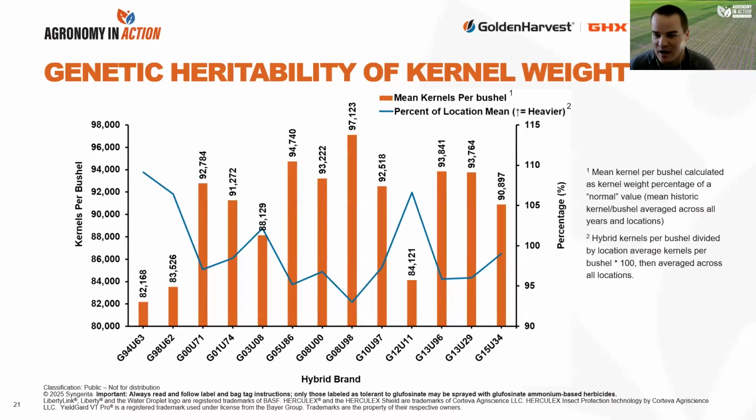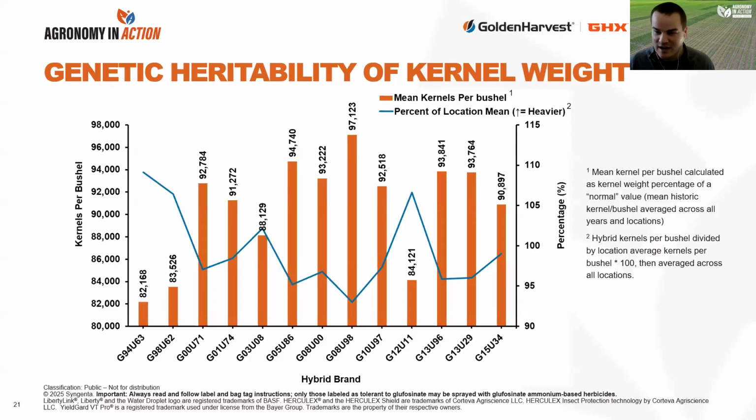The average would be 100%. If you're above 100%, you're typically throwing heavier kernels. If you're below 100%, you're typically throwing lighter kernels. So if I were doing a yield estimate in my field in August, I would think about the year we're having during the grain fill period. Has it been a good season or a poor season? If it's been a good season, instead of using 90,000 kernels per bushel, I may use 80,000.